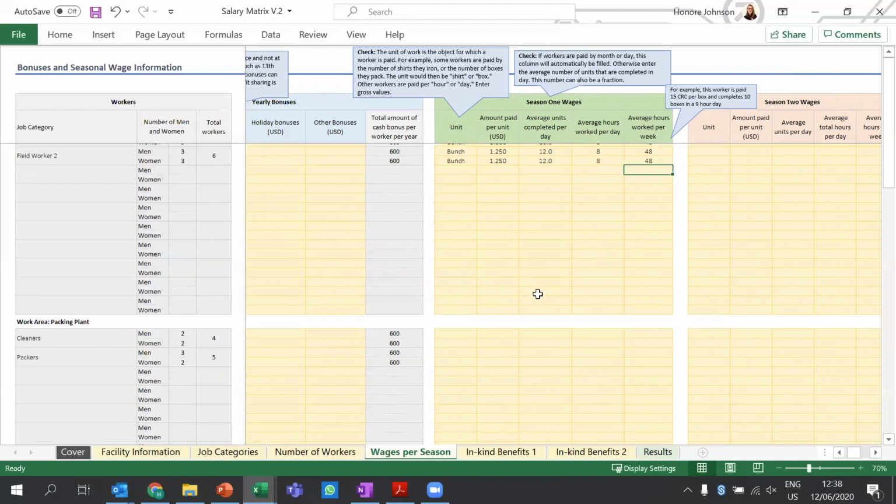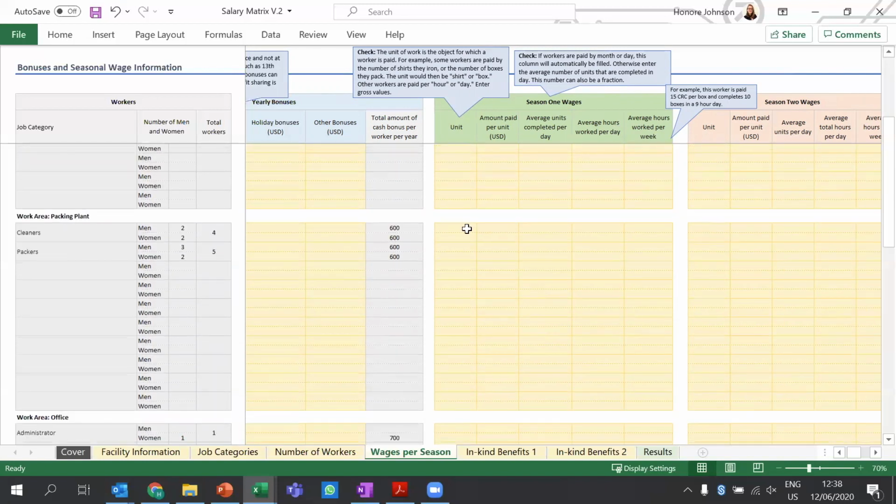Then we can scroll down to work area 2 and enter in the payment for season 1 for the packing plant. For this example, the cleaners and packers are both paid by box, so we will enter the word box here. The amount paid per unit is $1.75 for the cleaners and $2 for the packers.